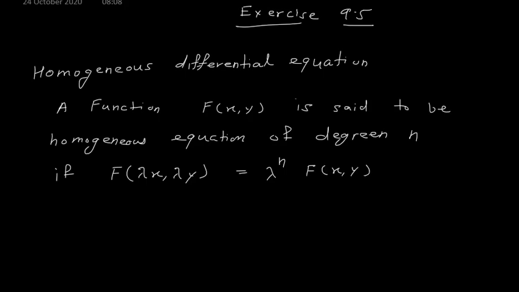Okay. So, a function f(x, y) is said to be homogeneous of degree n if f of lambda x comma lambda y is equal to lambda power n f(x, y).